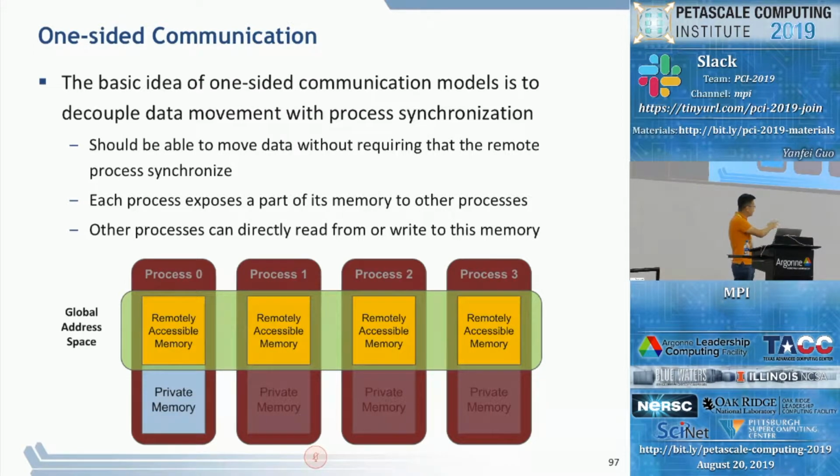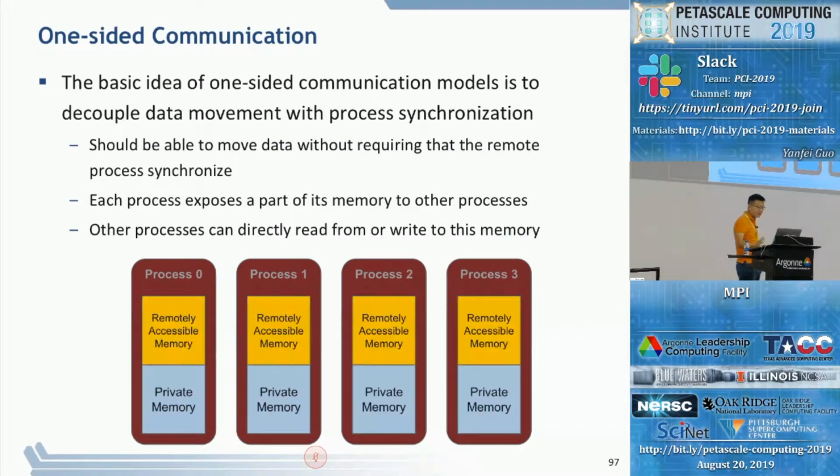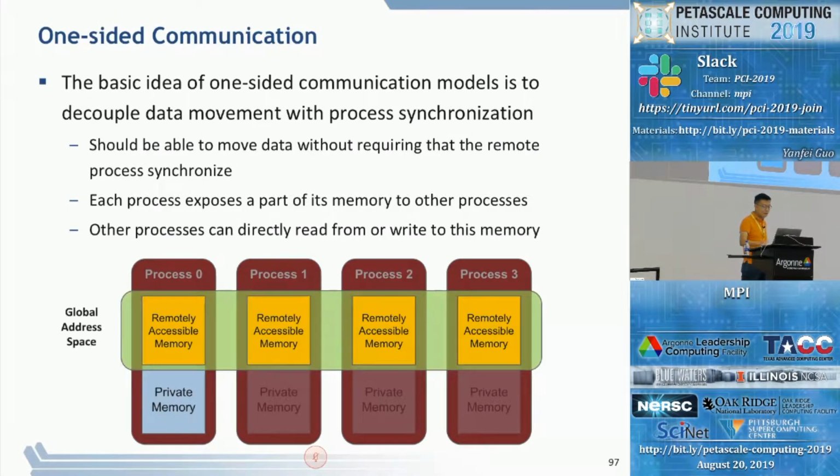Okay, so process 0 here can access its private memory, and it can also read and write all the publicly visible memory from all other processes. So again, every process has decided, I want to expose some memory that allows other processes to read and write, and we create a sort of global address space from them, so that every process can access them.